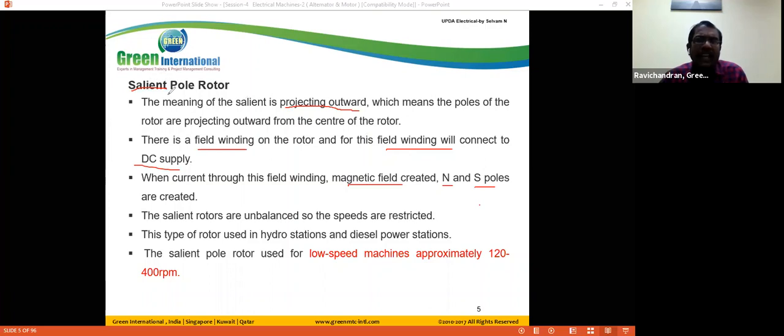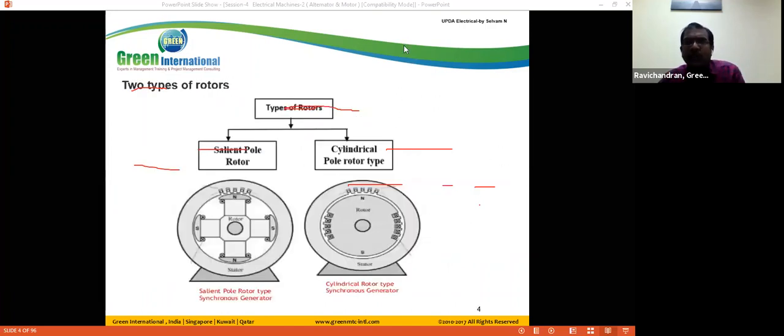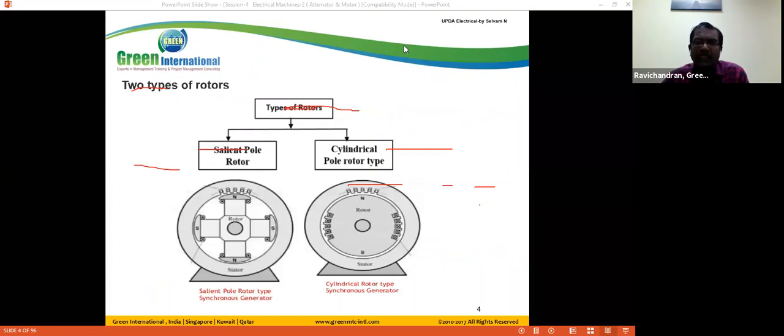So in general we have projections. Just see this. Here is a cylindrical one, and here we have projections. The cylindrical one is for high speed, and this salient pole is used for low speed, because this construction is not suitable for high speed.